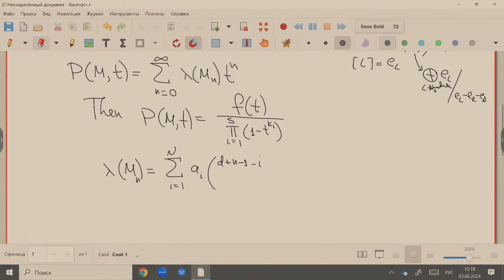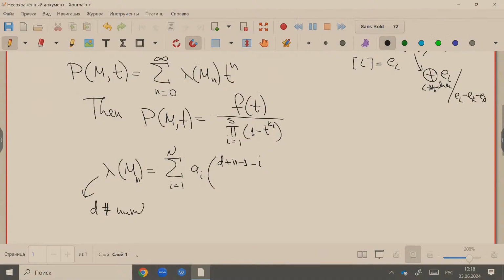Here, this is under the assumption that D is the number of generators, and all a_i have degree 1, so the degree of a_i is equal to 1.